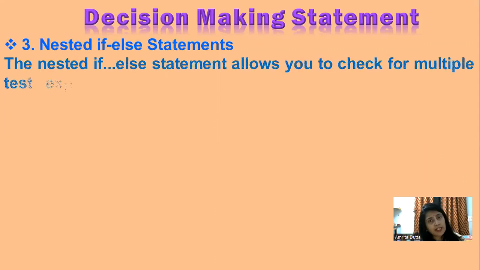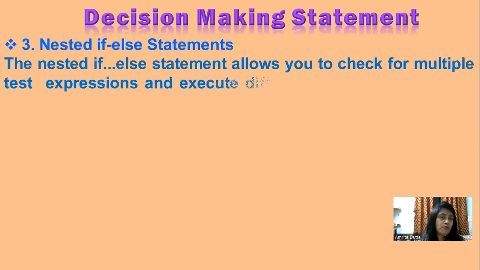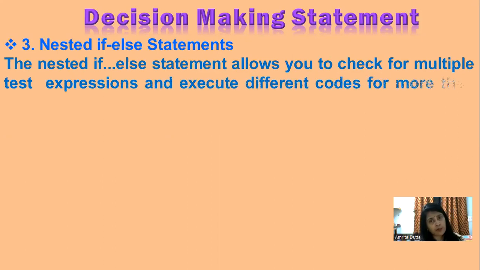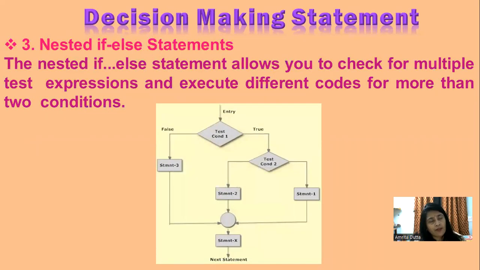The nested if-else statement allows you to check for multiple test expressions and execute different codes for more than 2 conditions, like this. You'll have to understand it very carefully.